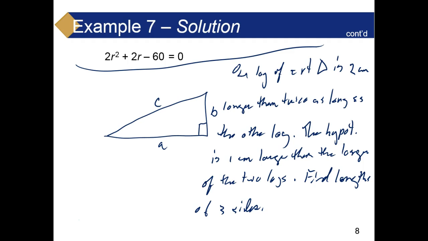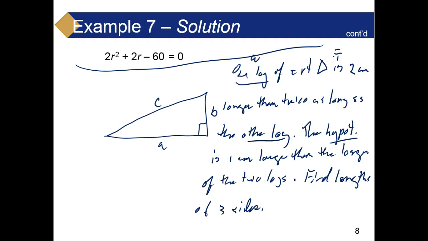Now, that's how you named them. They name them one leg, other leg, and hypotenuse. I want you to identify which one's A, which one's B, and which one's C. A is one leg, so we'll call this A. One leg of a right triangle is, how does that translate?